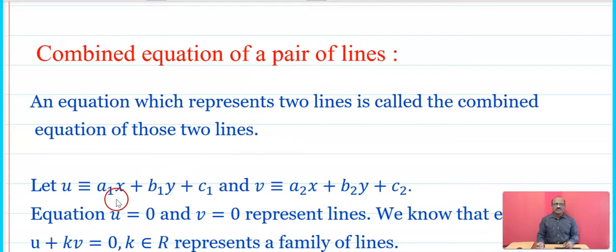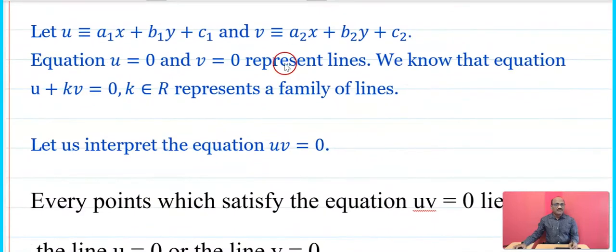Let u is equal to a1x plus b1y plus c1 and v is equal to a2x plus b2y plus c2. Equations u equal to 0 and v equal to 0 represent lines. We know that equation u plus kv equal to 0, where k belongs to the set of real numbers, represents a family of lines. Let us interpret the equation u into v equal to 0.